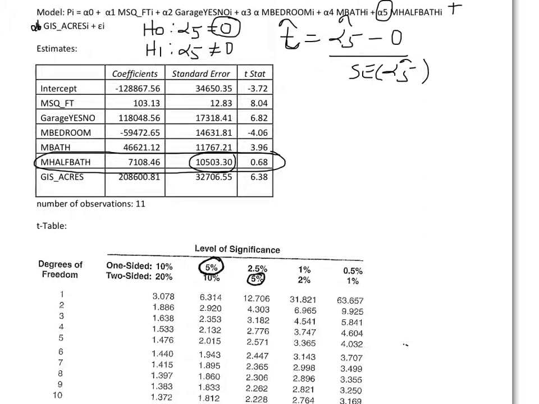Okay? And that's actually going to equal 7108.46 divided by 10503.3, which it turns out is produced in the third column of our output and will be 0.68.